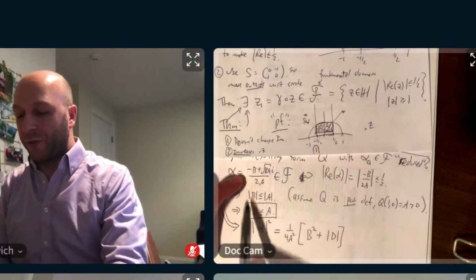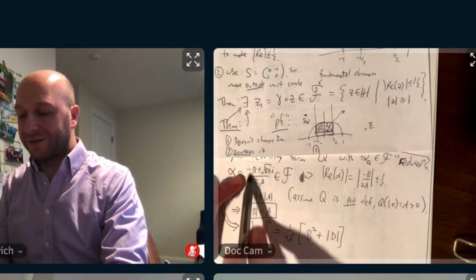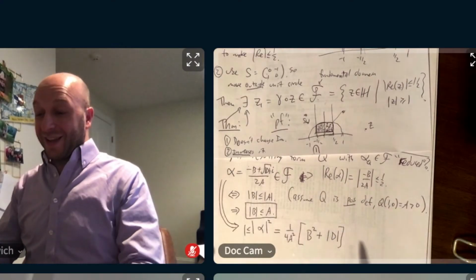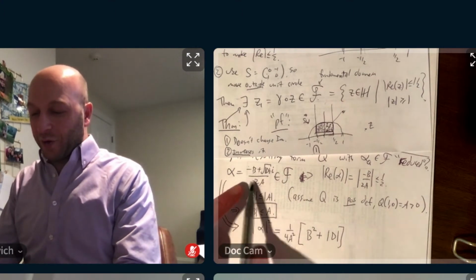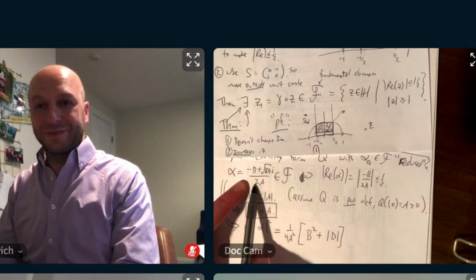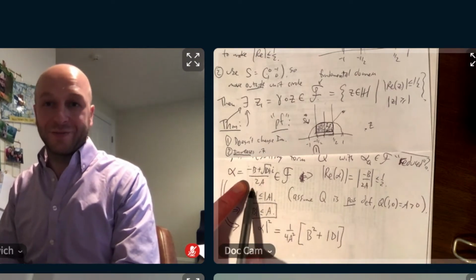And now we have to work out what the norm squared of this thing is. So we're trying to work out what the absolute value of this thing is, the complex absolute value squared.